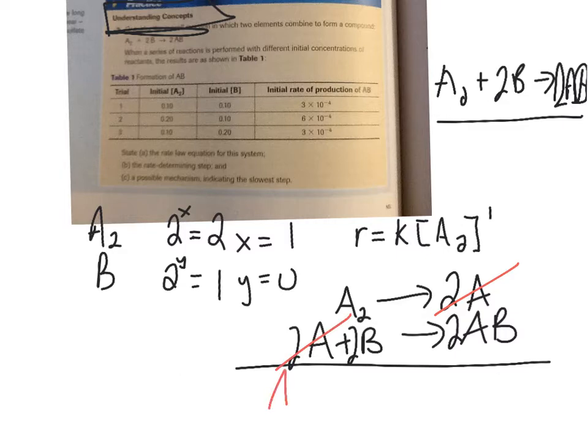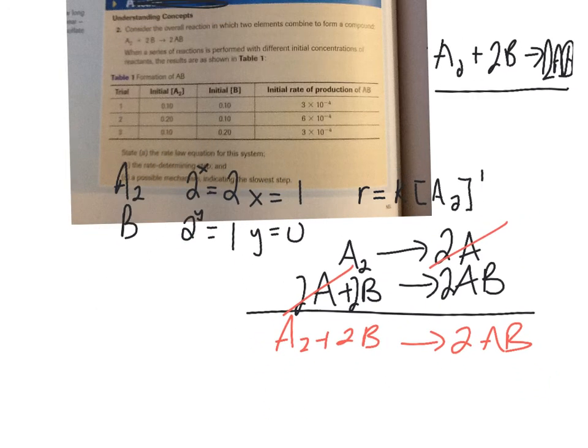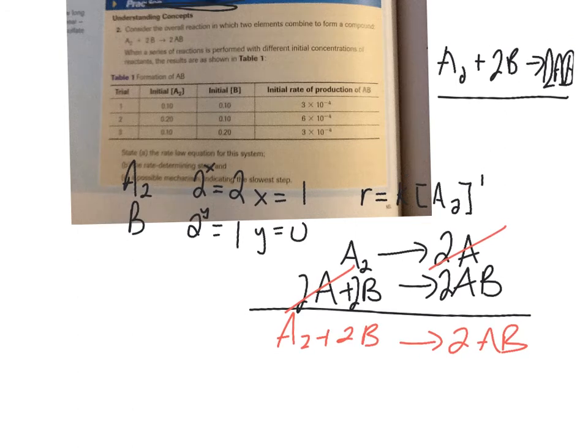You end up with A2 plus 2B's makes 2AB's, which is your overall equation.